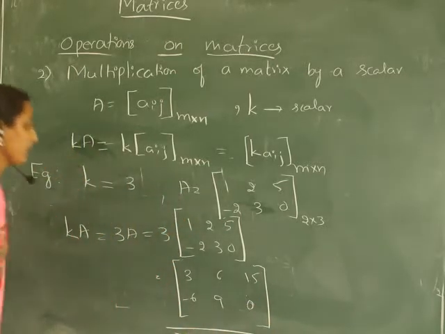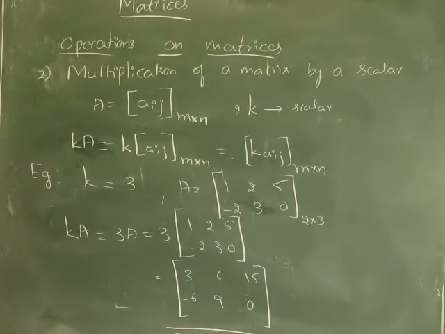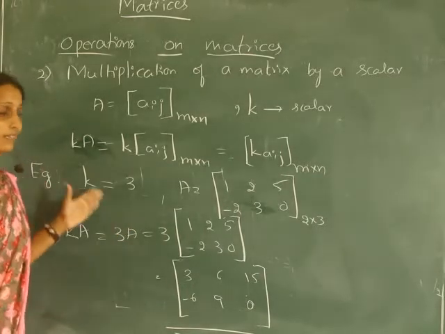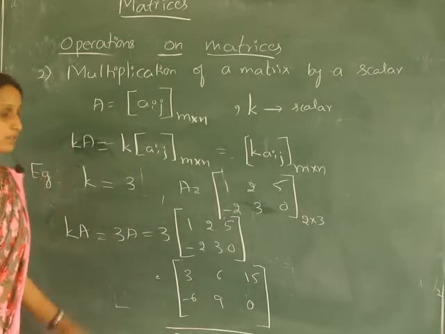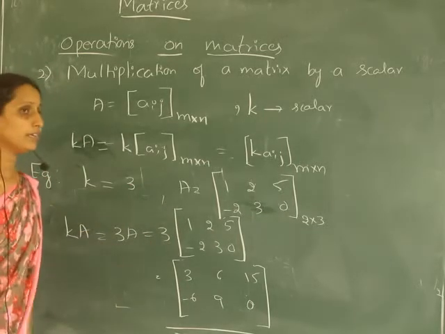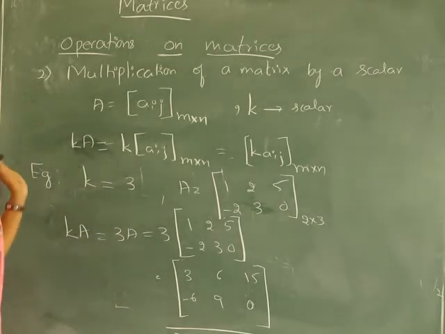If a constant is multiplied to a matrix, it is multiplied to every element of that matrix. So it is a multiplication of a matrix by a scalar.